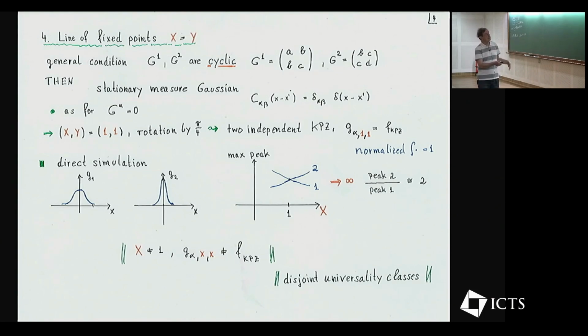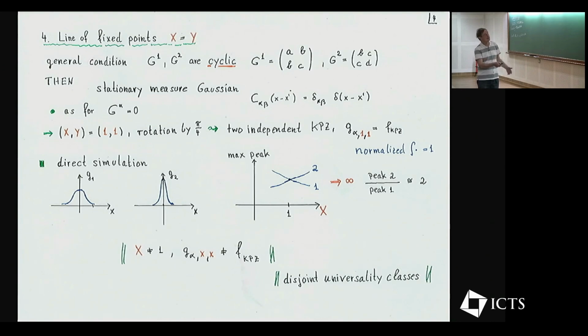But as we go along this diagonal, we see that G1 and G2 are not only changing height, but also changing shape. There's no simple linear scaling which would fit as I go along the diagonal. So what we see numerically is that these two scaling functions really depend on the choice of x.